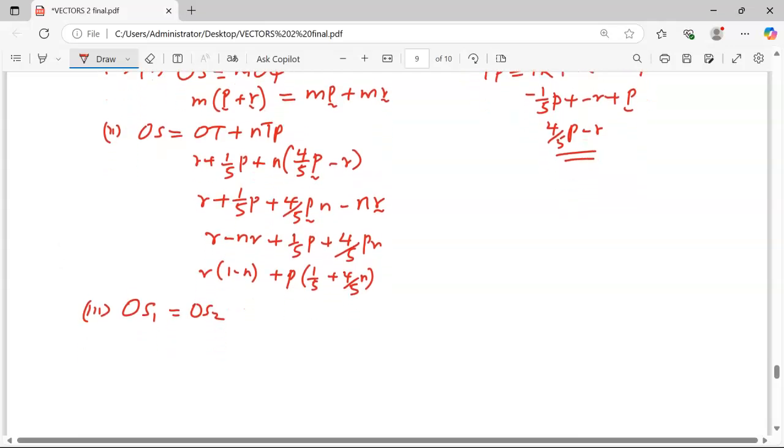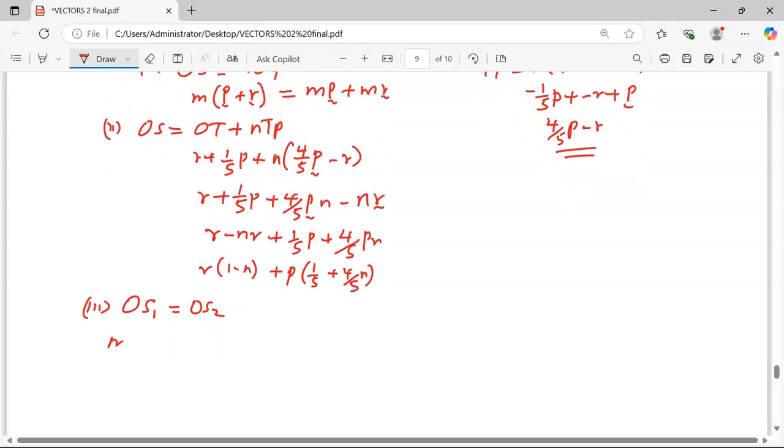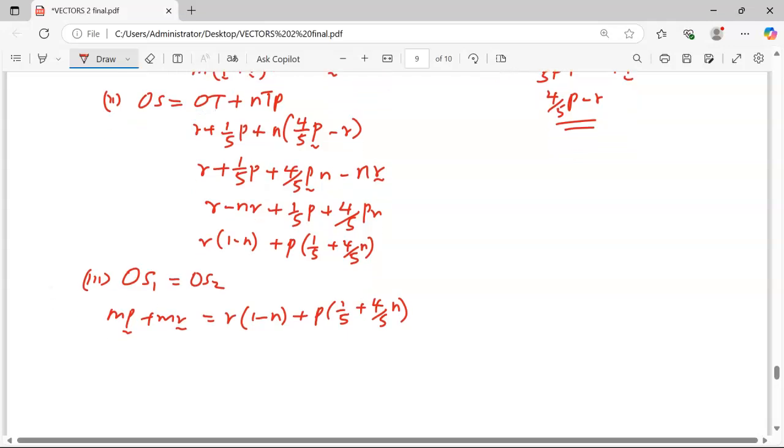OS1 is MP vector plus MR vector, and this one is going to be equal to R into 1 minus N plus P into 1/5 plus 4/5 N. Now we can equate the like terms.